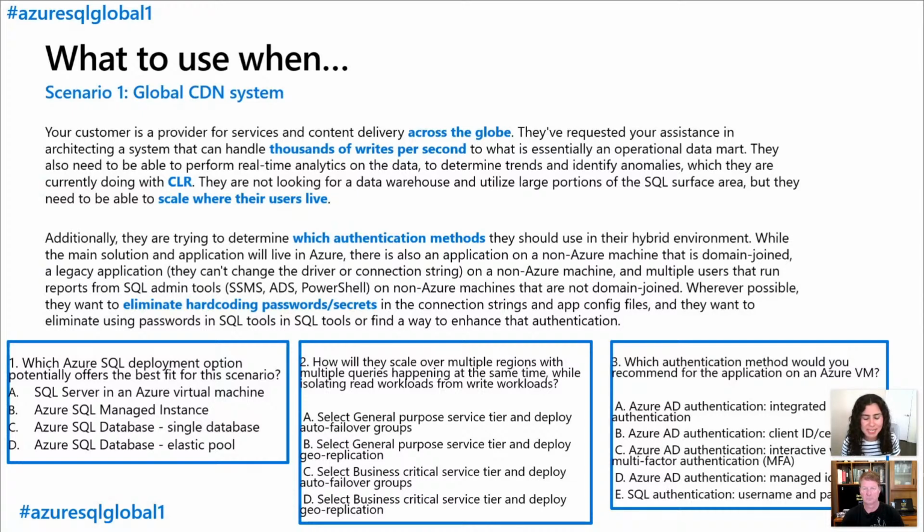So how will they scale over multiple regions with multiple queries happening at the same time while isolating read workloads from write workloads? So really, you need to think about your what to use when from the first module, as well as availability in the 5th module. And then the third one, this is one that goes back to the security module, Module 3.